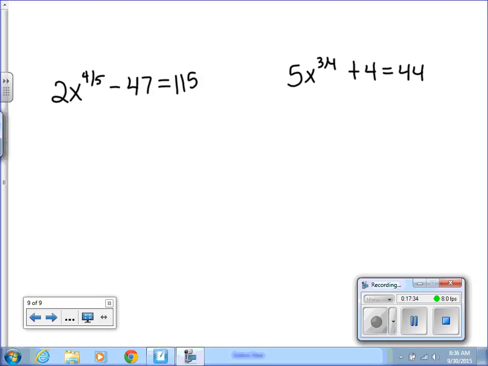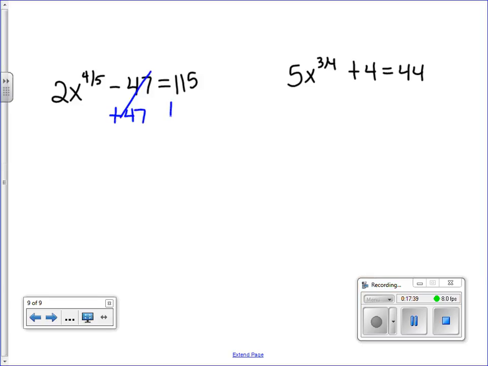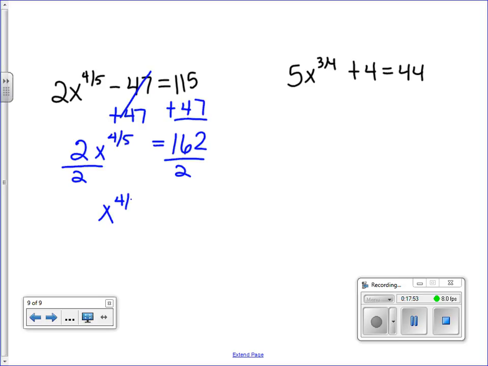Okay, what do I need to do first over here? Add 47. And that's what? 162 divided by 2. 81. Now x to the power is isolated, so I'm going to take this to 5/4. 243.